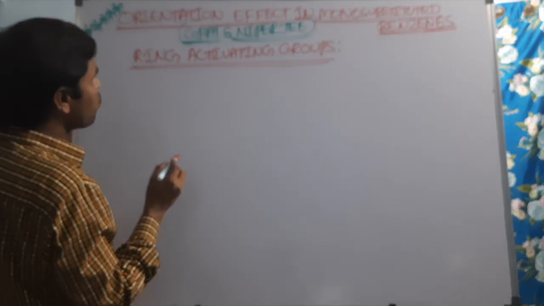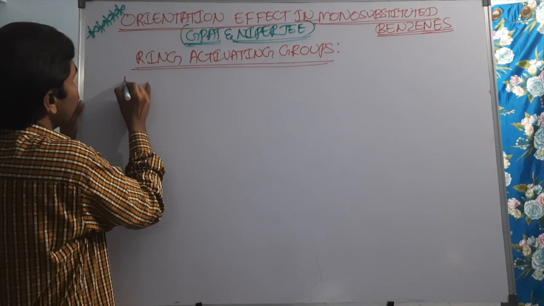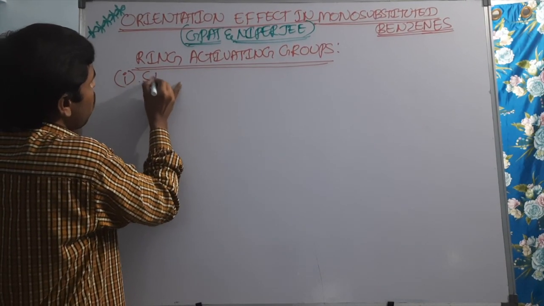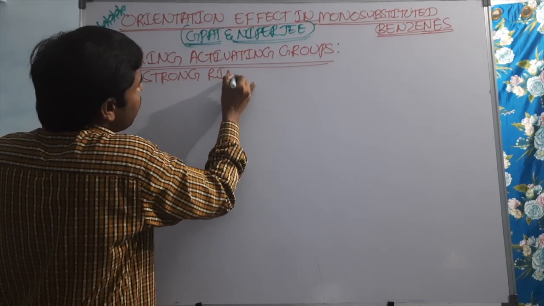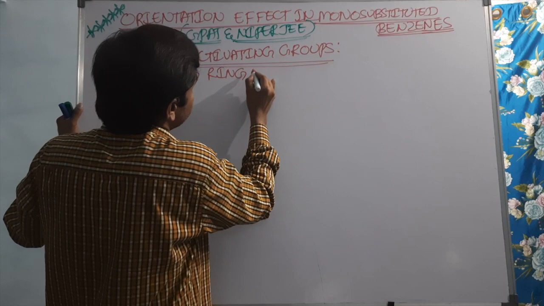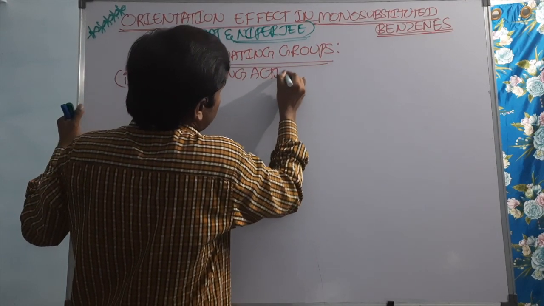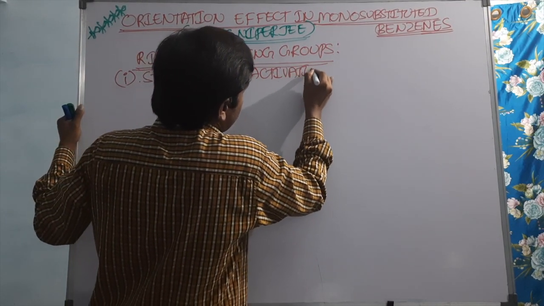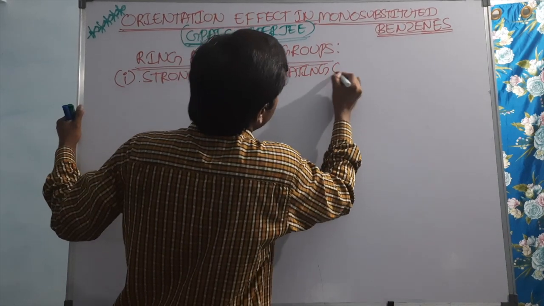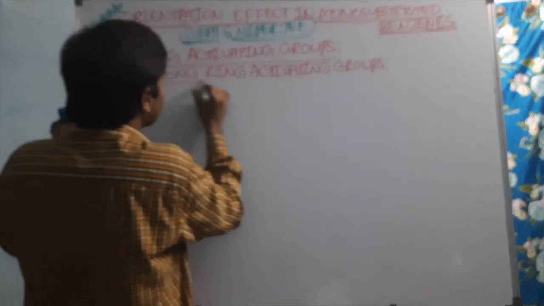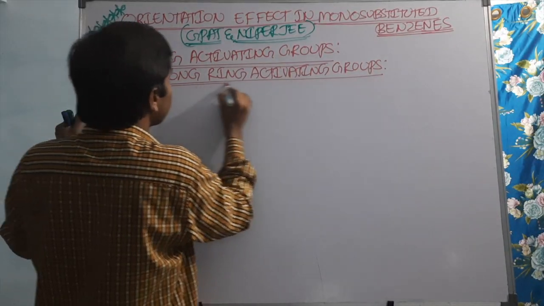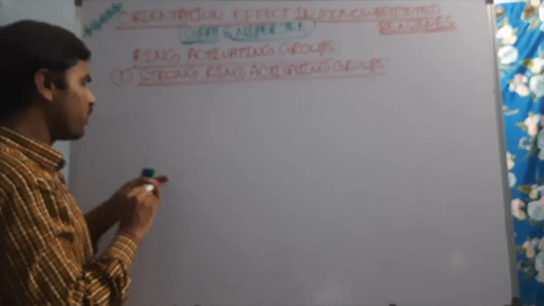Coming to this, the first is strong ring activating groups. Strong ring activating groups are very famous and very important, with very simple examples.